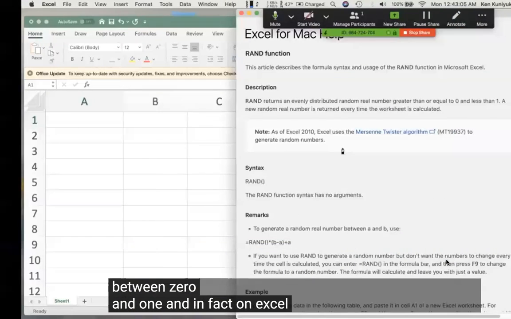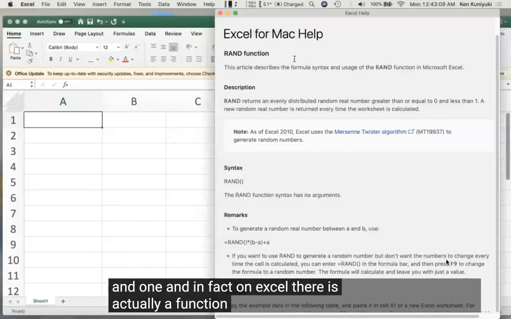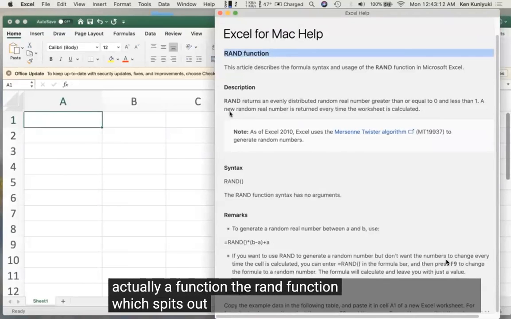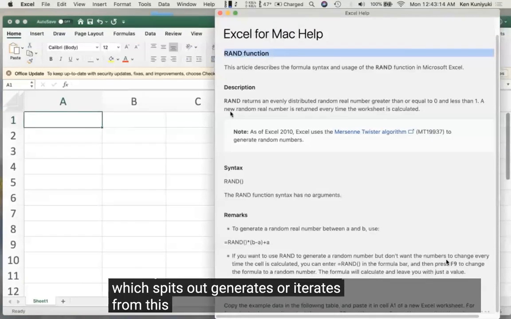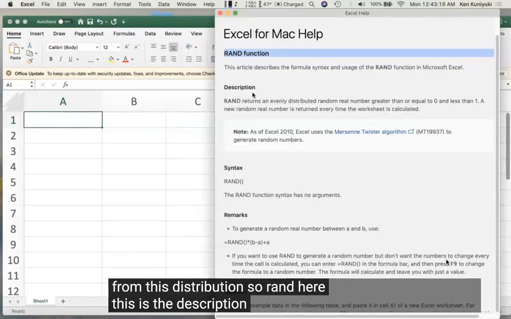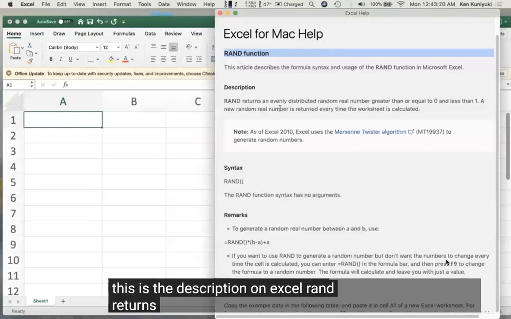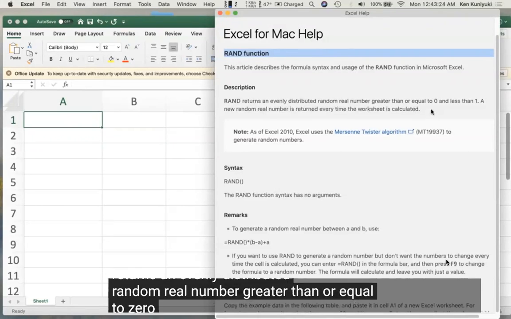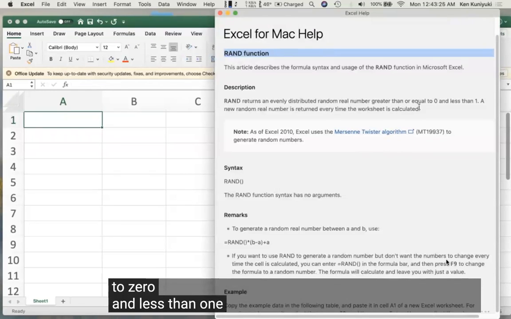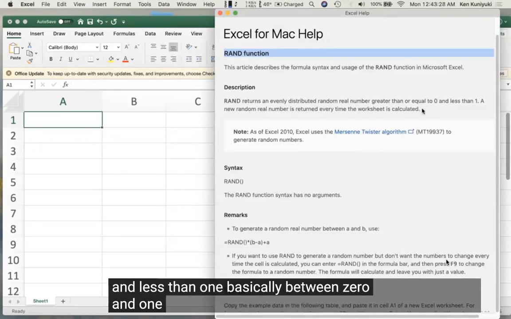And in fact, in Excel, there is a function, the RAND function, which generates values from this distribution. So RAND, this is the description in Excel. RAND returns an evenly distributed random real number greater than or equal to 0 and less than 1. Basically between 0 and 1.